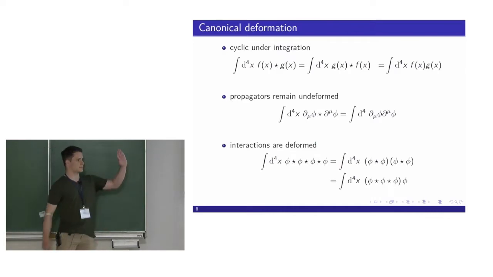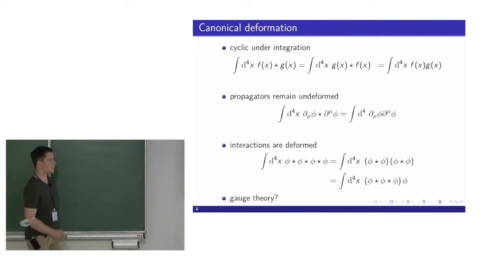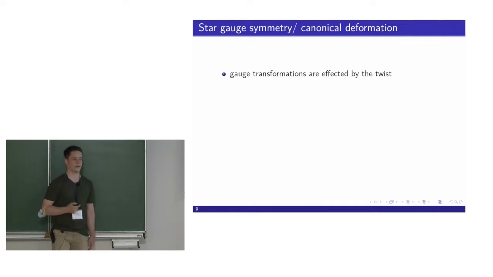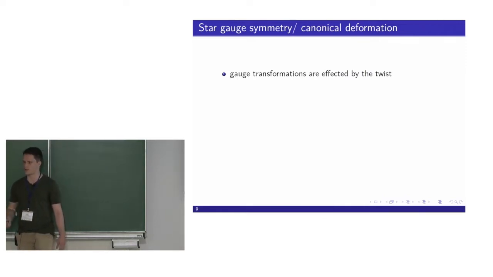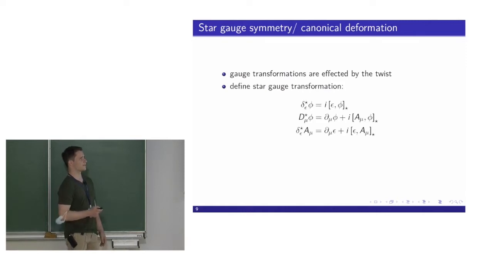Okay, so this is scalar theory, but what about gauge theory here? The problem with gauge theory is that the gauge transformations are affected by the twist. This is because they are local, so they depend on coordinates, and therefore the twist can act on them. The solution is to define star gauge transformations instead of the usual gauge transformations.